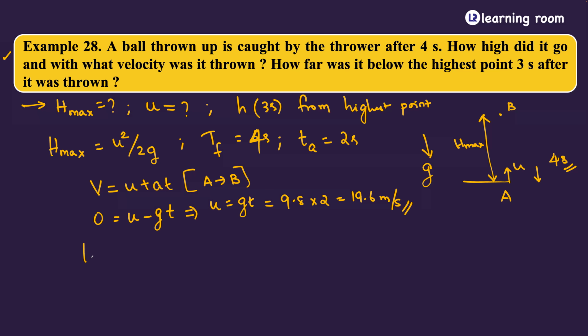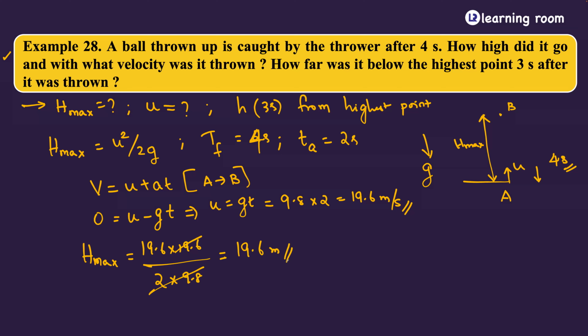Then H max will come out to be U square, 19.6 into 19.6, divided by 2 into G, which is 9.8. So 9.8 into 2 is 19.6. So the answer will be 19.6 meter. The maximum height traveled by the particle is 19.6 meter.